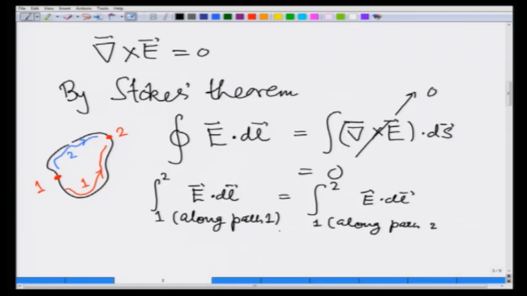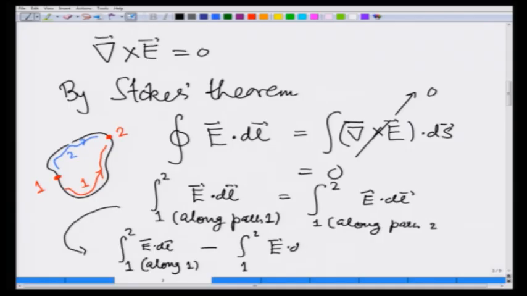This is because from here what I get is 1 to 2 along 1 E dot dl minus 1 to 2 E dot dl along 2, and now I am going to change sign.